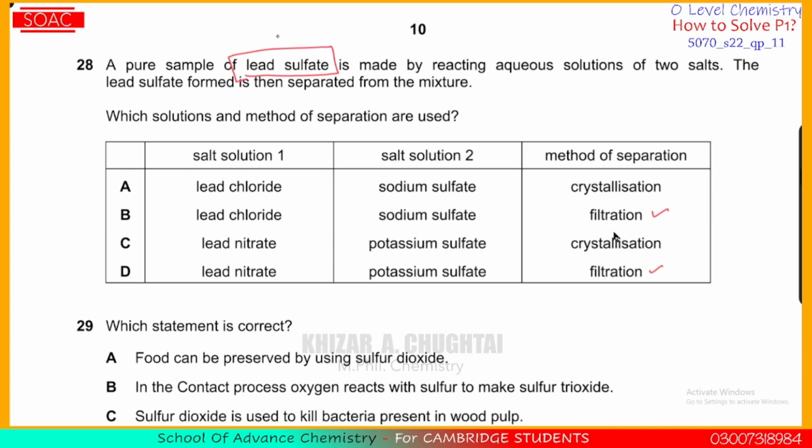And we need two compounds, both should be soluble. One should be the lead compound, and lead nitrate is soluble. The next compound has the SO4 2- sulfate ion, and it should also be soluble. Group 1 sulfates are water soluble. So D is the correct option.